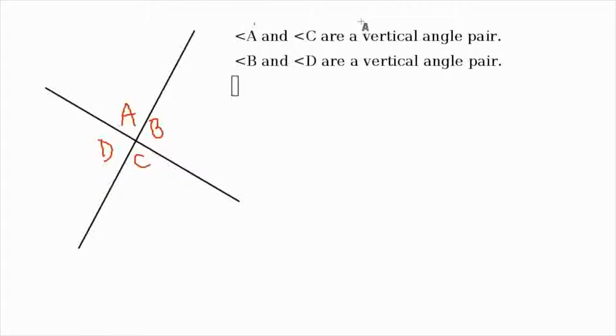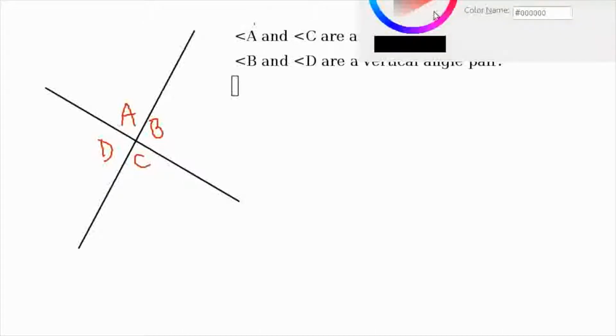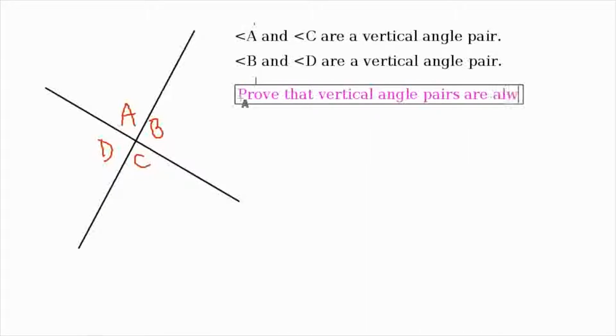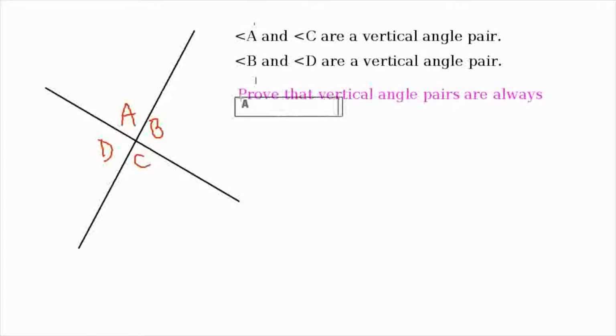Now, let's see if we can prove, and here's the challenge, and you might want to pause the video and try this for yourself if you're daring: prove that vertical angle pairs are always, that's right, always congruent. Think about that, and I'll tell you in a few seconds how I would do that.